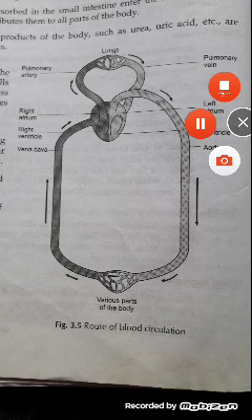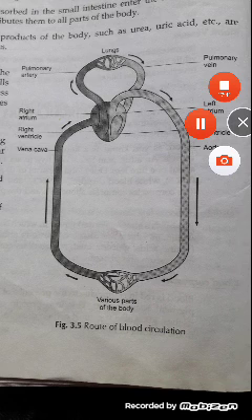When the left atrium contracts, blood is transferred to the left ventricle, which expands. The aperture between the left atrium and the left ventricle is guarded by a valve.